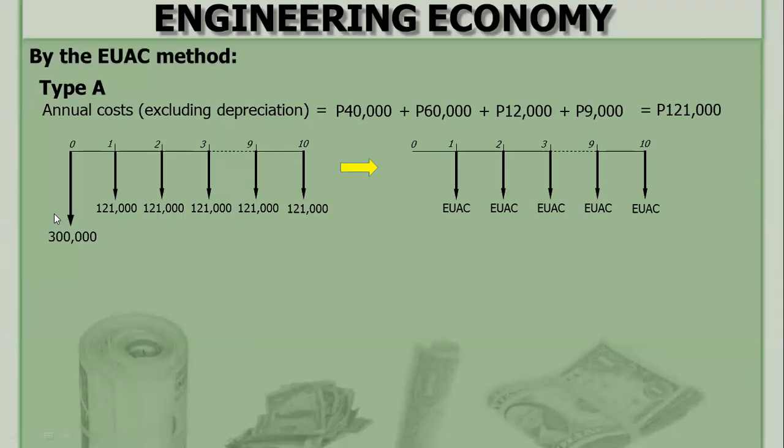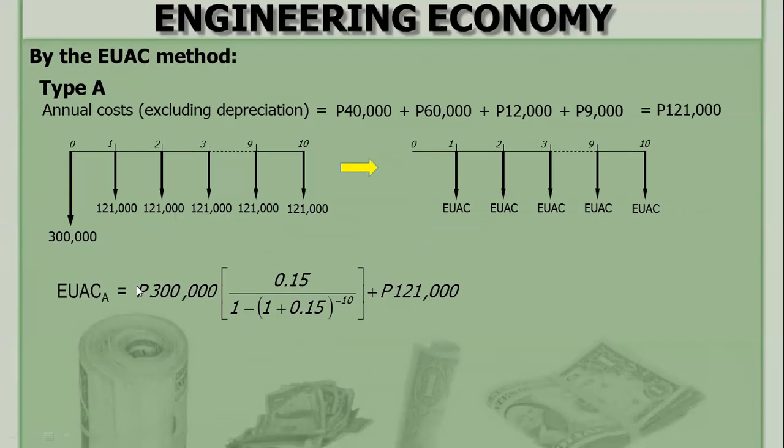We have to convert 300,000 into an annuity and add it to this, and that will be our equivalent uniform annual cost. Given P, you solve for A. This is the formula. Plus the annual cost 121, this is the equivalent uniform annual cost for type A.